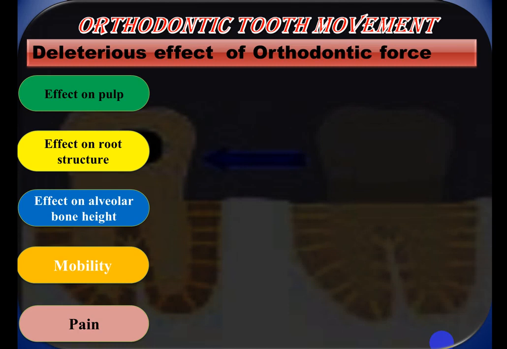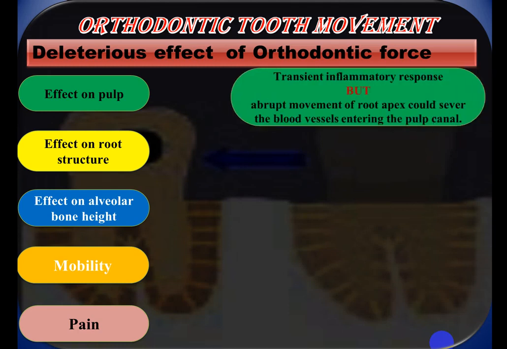Firstly, the effect on the pulp. The orthodontic force will cause a transient inflammatory response within the pulp at the beginning of the tooth movement, but it will disappear later on with the days.